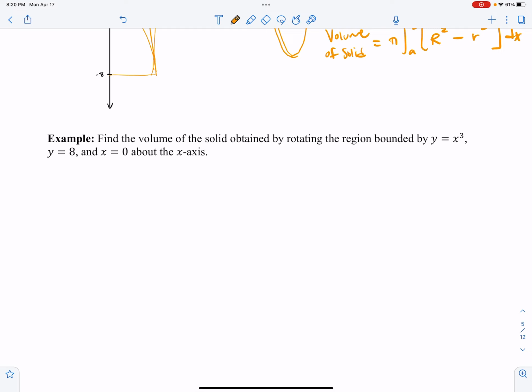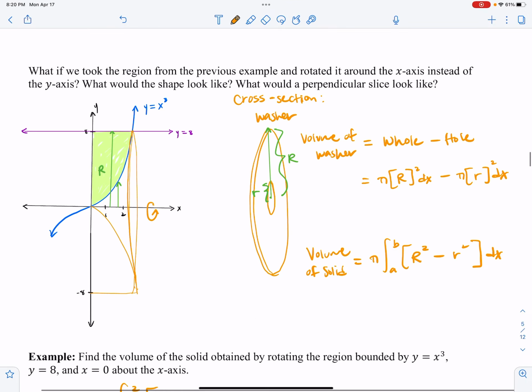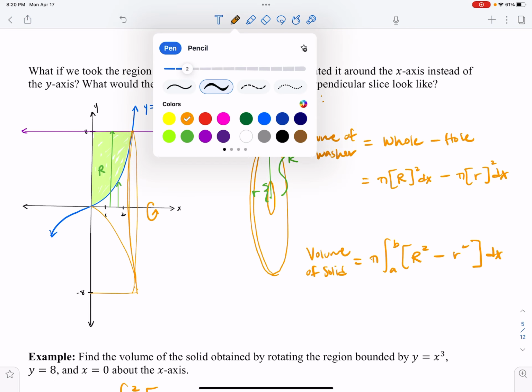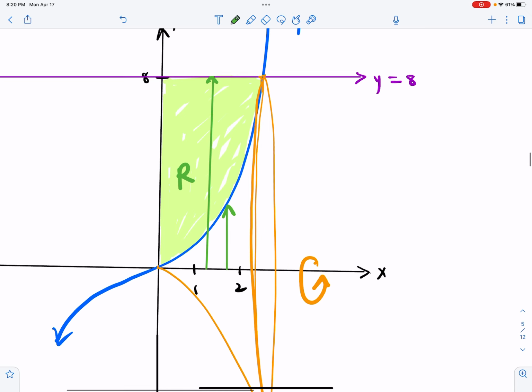Okay, so let's find the volume of this solid. So our volume would be equal to pi times the integral from 0 to 2. Let's identify what big R would be. So big R in this case would be top minus bottom.